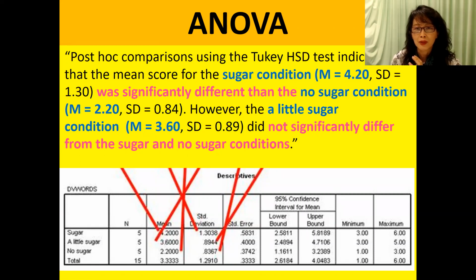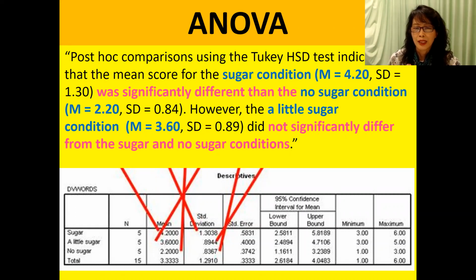Post hoc comparisons using the Tukey test indicated that the mean score for the sugar condition was significantly different from the no sugar condition. Okay, so a lot of sugar is significantly different from the no sugar condition. However, the little sugar condition did not differ significantly from the sugar and the no sugar conditions.